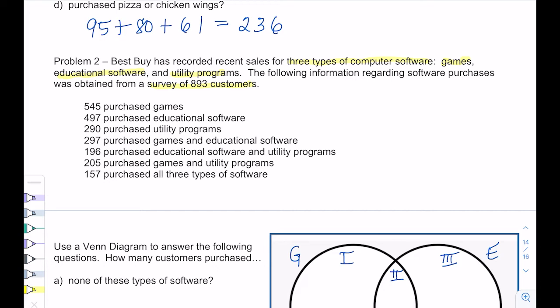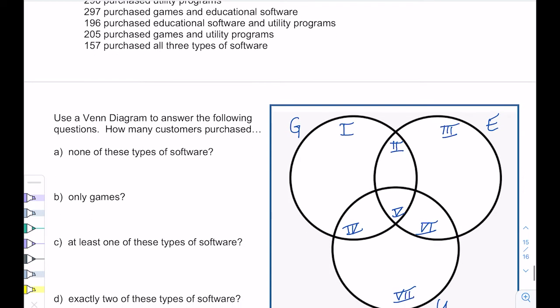The first thing I want to find is where they all intersect, which would be region 5. So I'm going to try to fill that in first because that would represent the number of people that purchase games and educational software and utility programs, because that's where all three circles intersect.